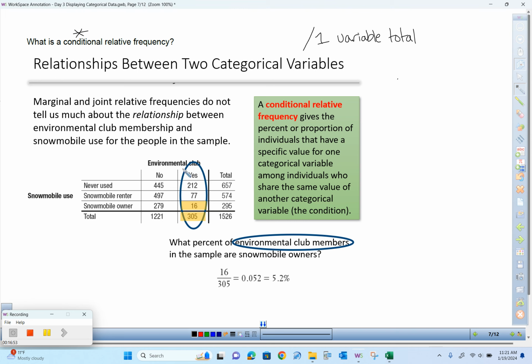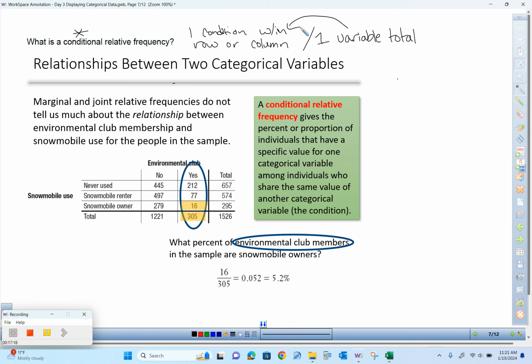So once I've narrowed it down to this column, I care about that 16. So within whatever I want, so one condition within that row or column. So I really have to do this total first and then go back to the top number.